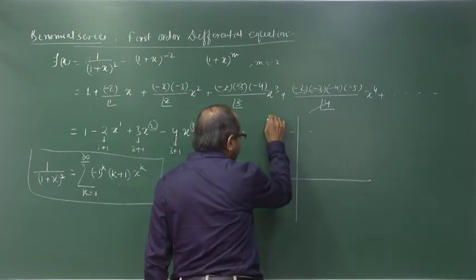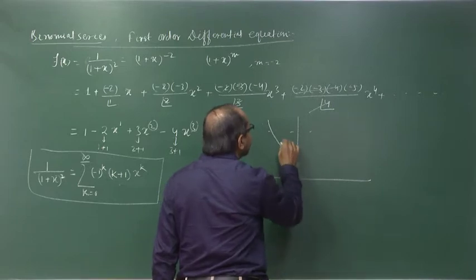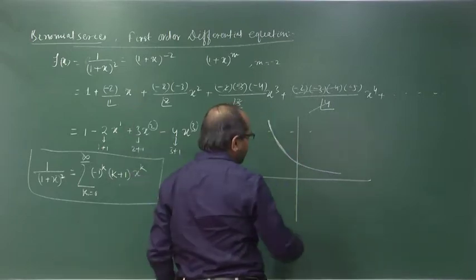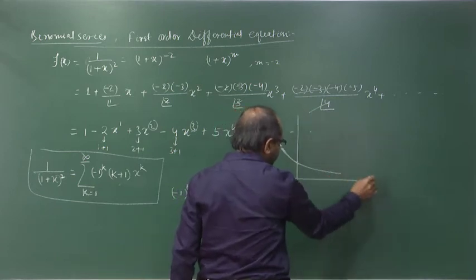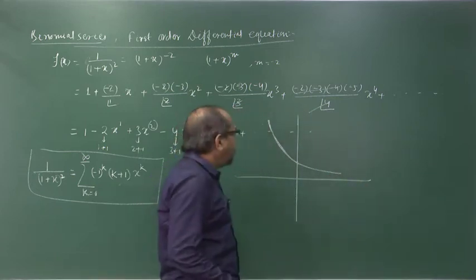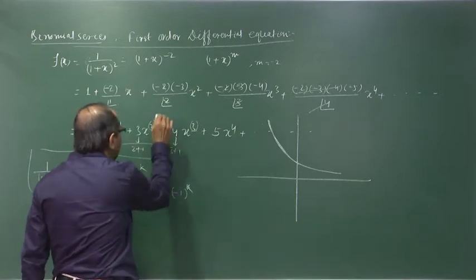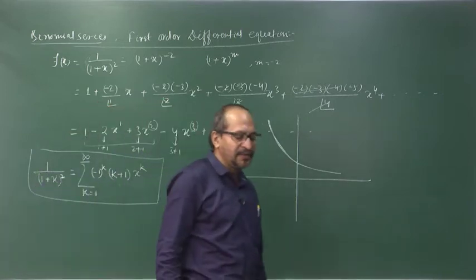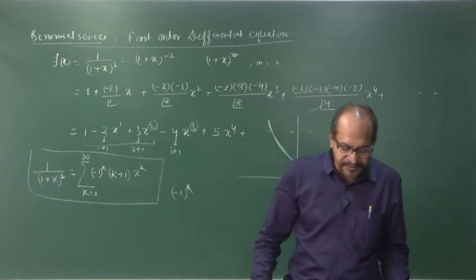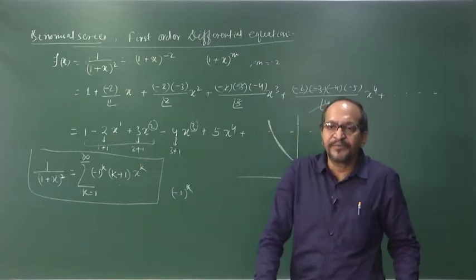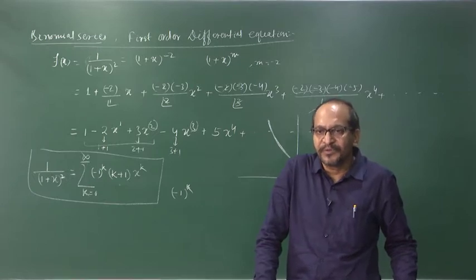So, the graph is like this and it is always positive, always along the positive y axis.